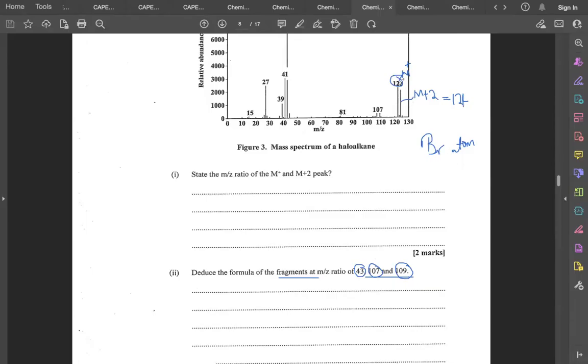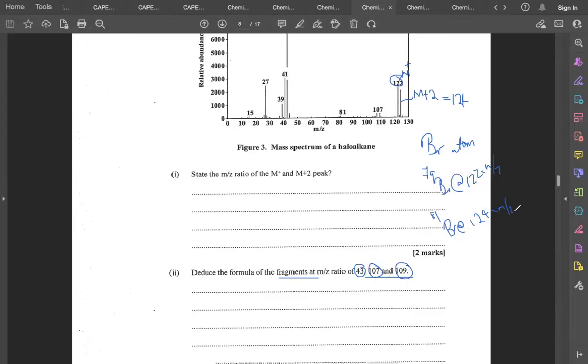The bromine-79 is what we have at the m/z ratio of 122, and then the bromine-81 is what we would have present at the 124 m/z ratio. That's just a recap from part 1.